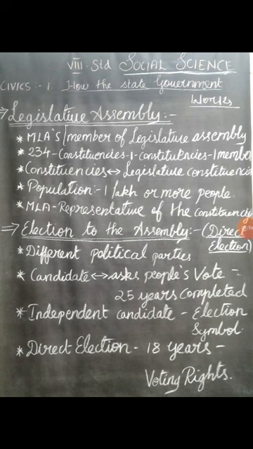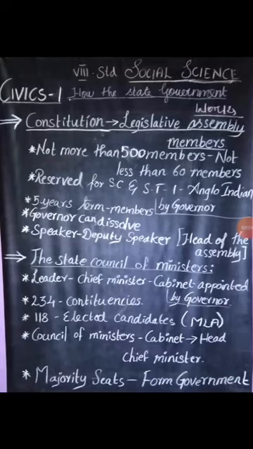Another important point is that people who are 18 years of age can cast a vote in the Legislative Assembly election. That means the people can directly elect their own representatives through their voting right. That is called direct election. Through this system, the MLAs are elected.